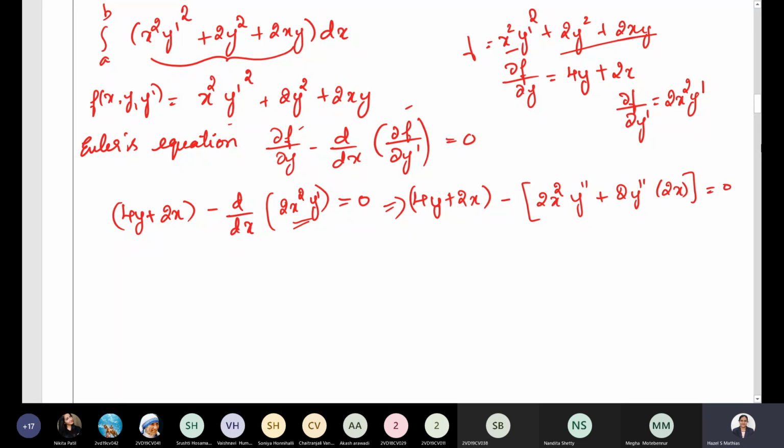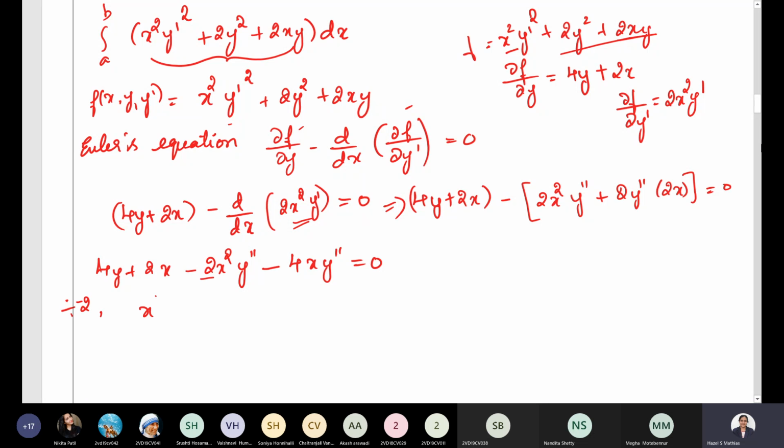So what do we get when we simplify this entire equation? We get 4y + 2x − 2x² y'' − 4x y' = 0. We divide the entire equation by minus 2 and rearrange the terms.